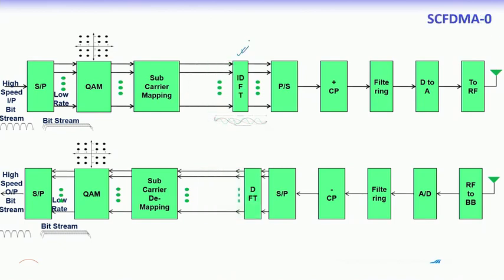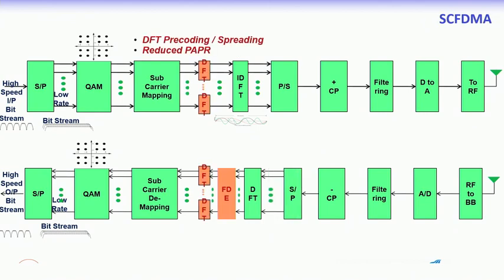It is the same IDFT operation at the transmitter and the same DFT operation at the receiver, but pictorially we have just modified it to show a translation that can be thought of. Now, DFT spreading is introduced before it, over a smaller set of bandwidths.